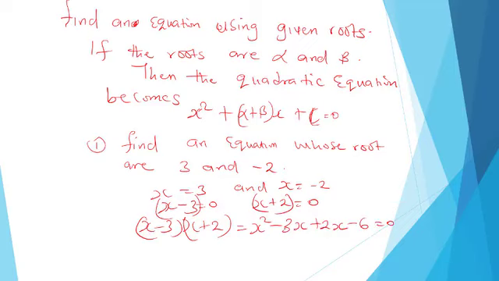So the equation becomes x squared minus 3 plus 2 is minus x, minus 6 equals 0. Now this is telling us that when you solve this quadratic equation, your answer will be 3 and minus 2.